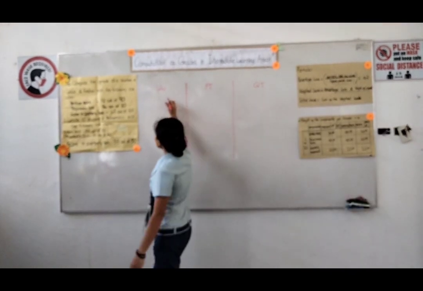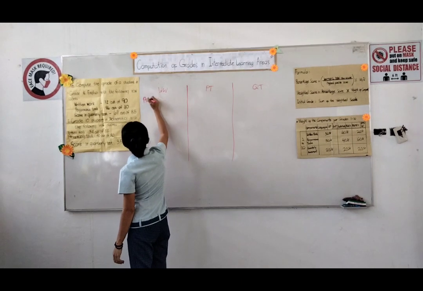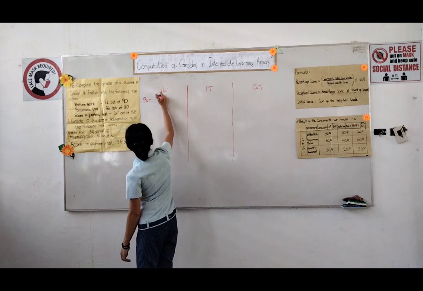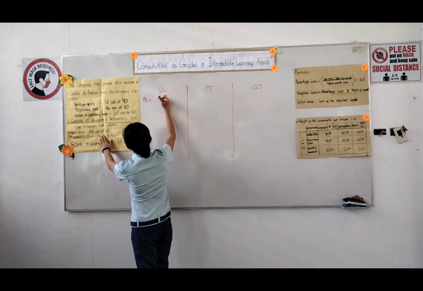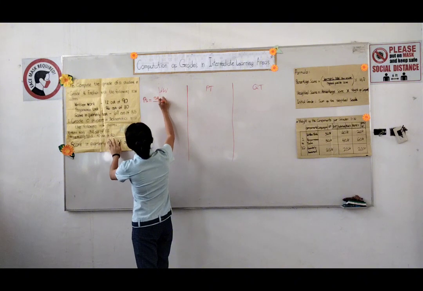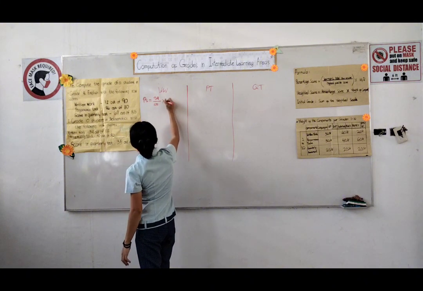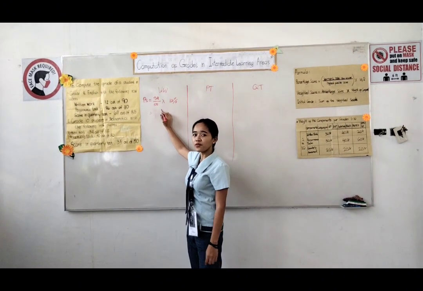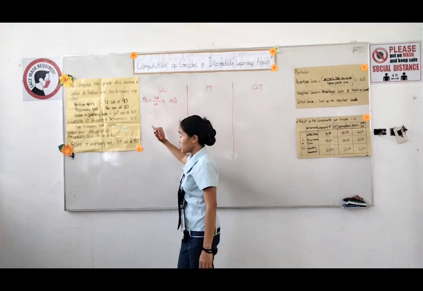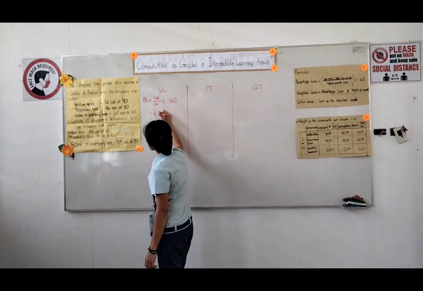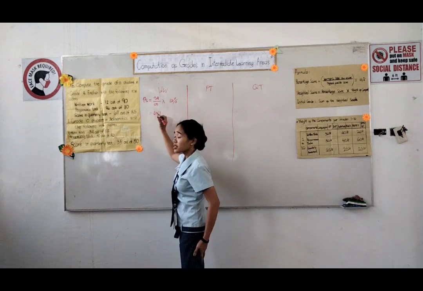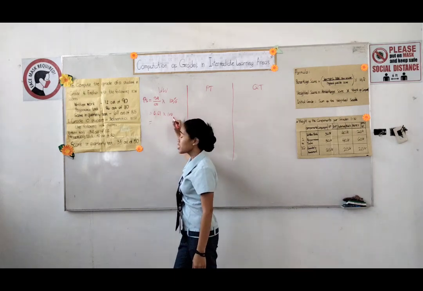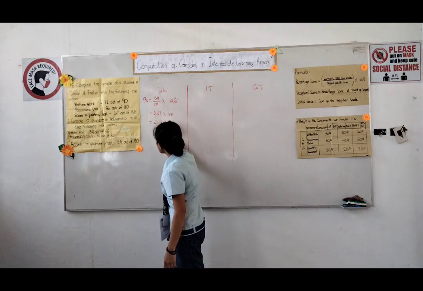So in written work, we will follow the given formula: 34 over 55 times 100%. So 34 divided by 55 is equal to 0.61 times 100, which is equal to 61.82.